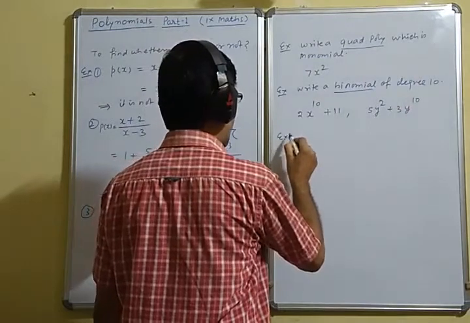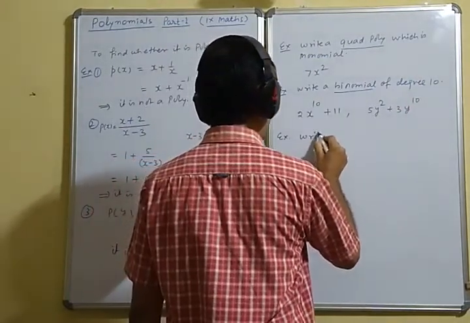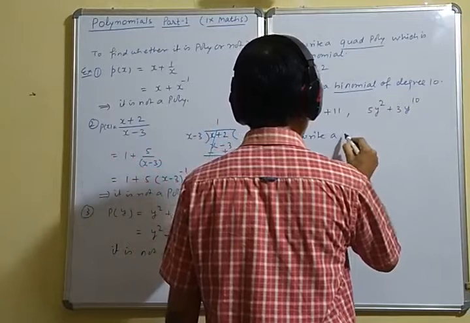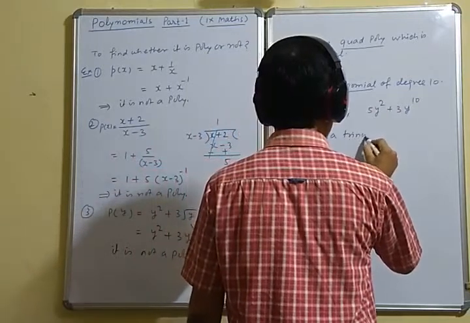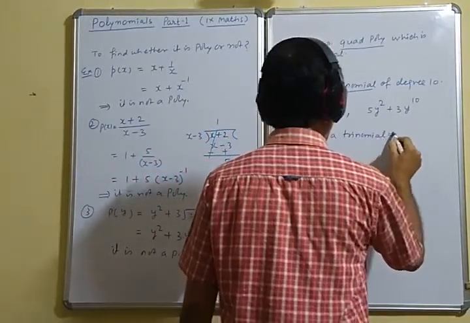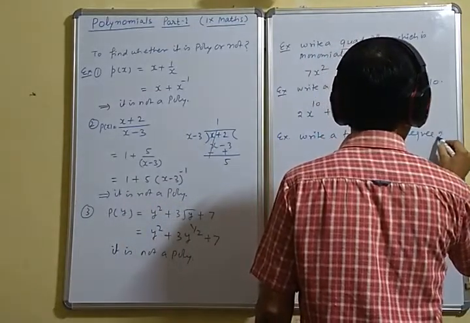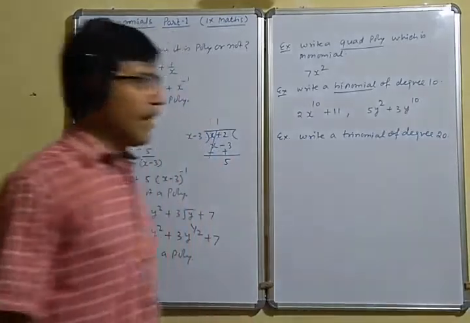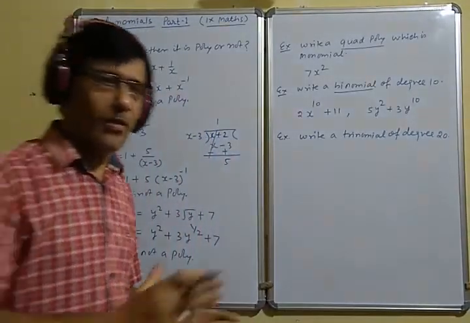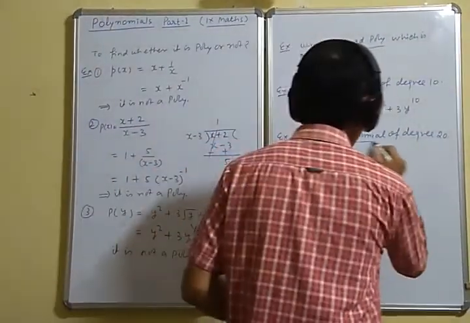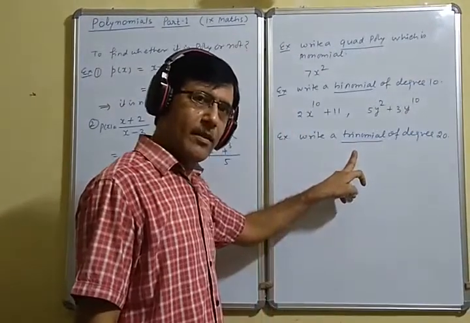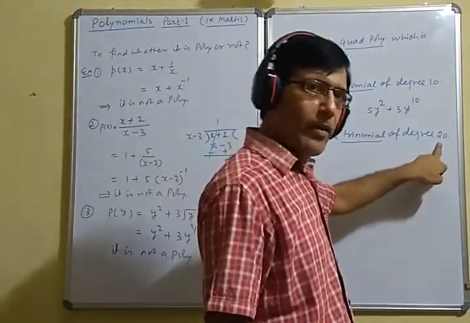Take one more example. Write a trinomial of degree 20. A trinomial contains three terms, and the degree is given as 20.